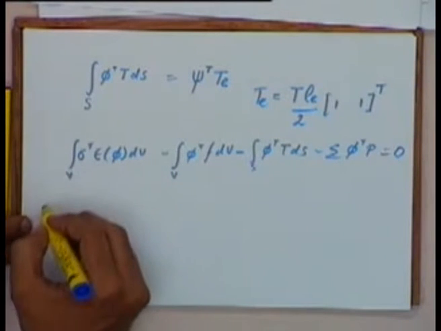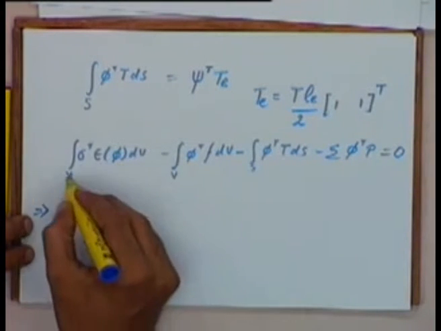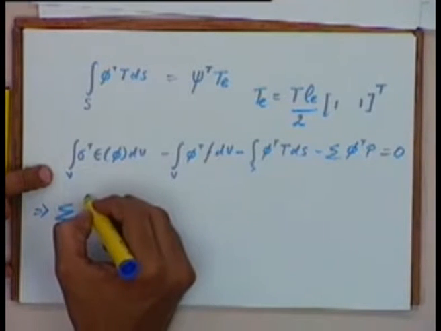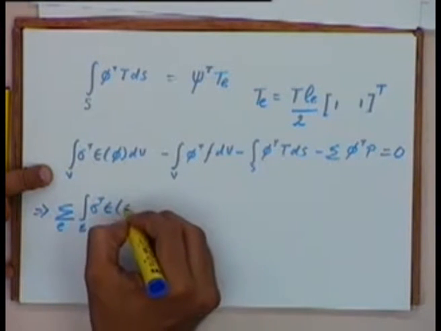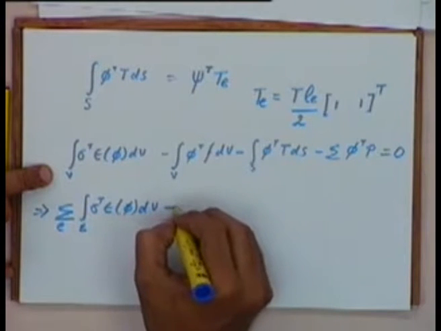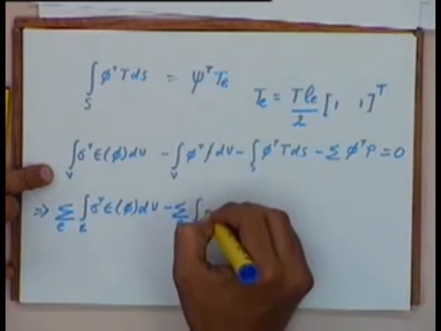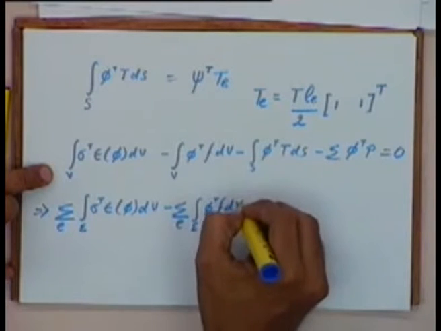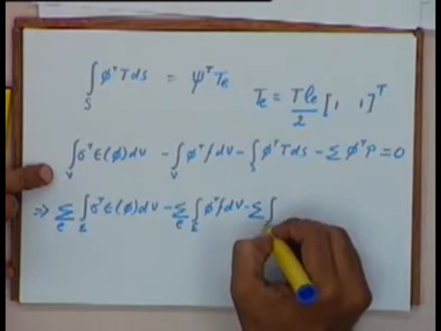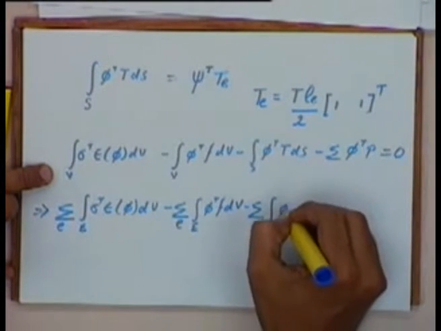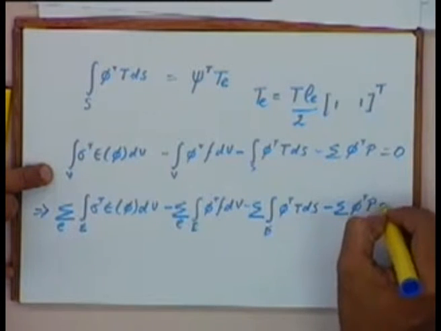So if I do a summation over each of the elements, this will be the integral over the element of sigma transpose epsilon of phi dv, minus summation over all the elements of the integral over the element of phi transpose f dv, minus summation over all the elements of the integral over the element surface area of phi transpose T ds, minus summation of phi transpose P, equal to 0.